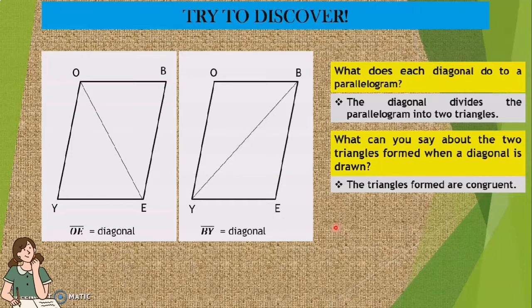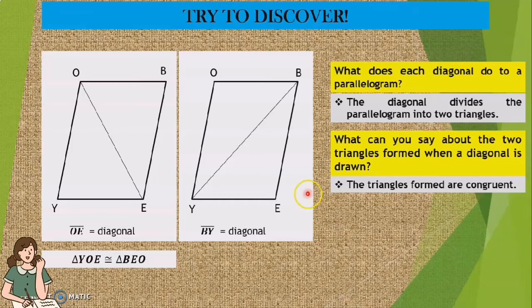Now let us name those congruent triangles in each figure. The first one, triangle YOE is congruent to triangle BEO. And in the second figure, triangle OYB is congruent to triangle EBY. Please always remember how to name the congruent triangles formed in a parallelogram.